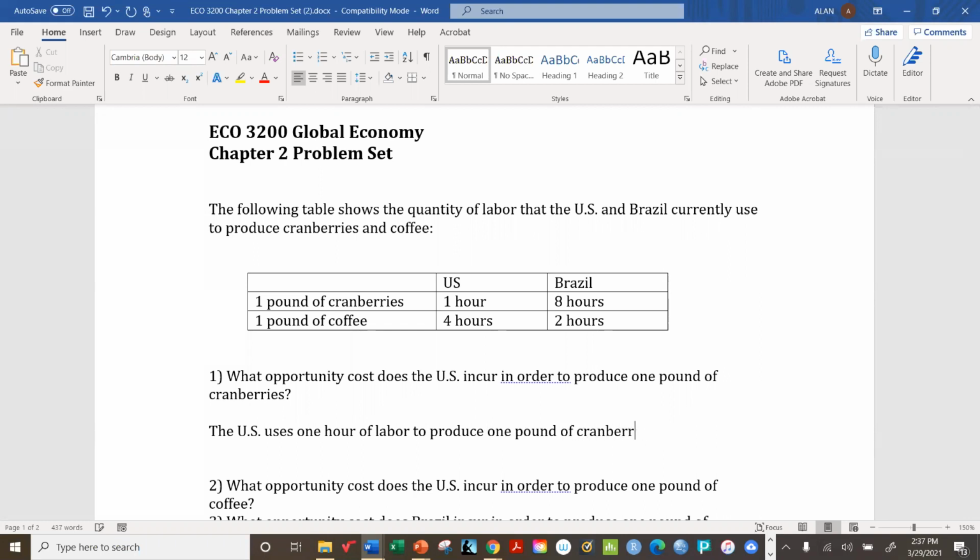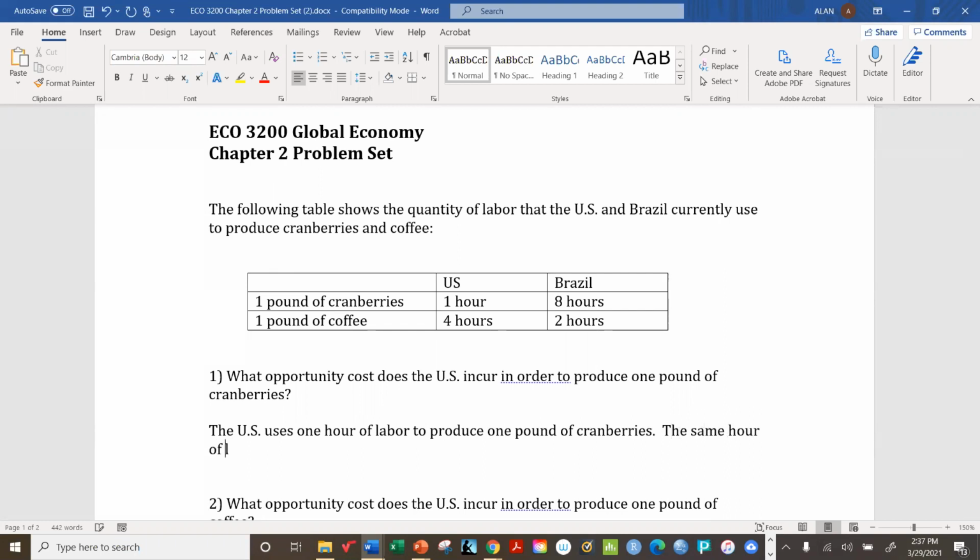The same hour of labor could be used to produce 1/4 of a pound of coffee. Why do I say that? Because, as you can see in the chart, it takes the US 4 hours to grow a pound of coffee. So an hour of labor could only be used to produce 1/4 of a pound of coffee.